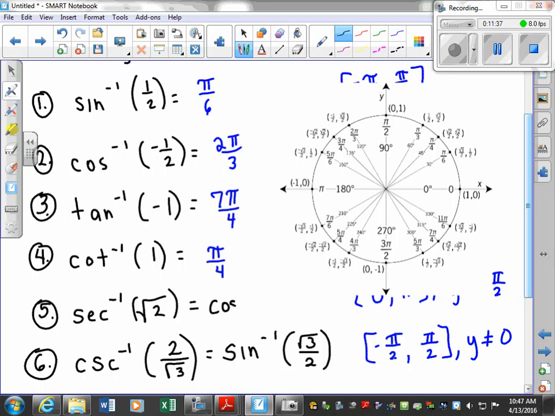We could also do this as the cosine inverse of 1 over the square root of 2, so it may help to do the reciprocal. Not that you have to, but that one is just going to give us pi fourths right there. And what did we get for number 6? Pi thirds, right? Okay.